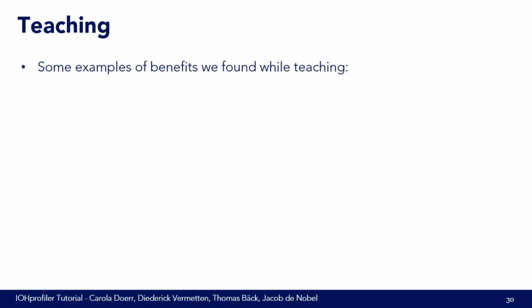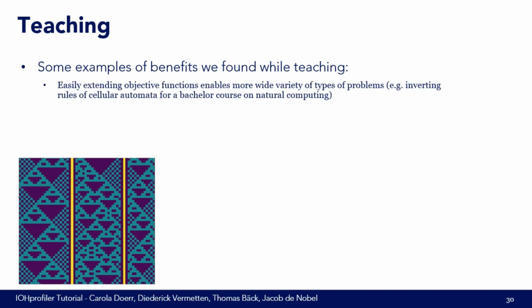So we gave them a problem of inverting the rules for a cellular automaton in a bachelor course on natural computing. And so they had one module within this IOH Experimenter framework. They had to play around with. Everything else they could keep fixed, so they could really zoom in into their own specific part of the project without worrying about all of the things surrounding it.